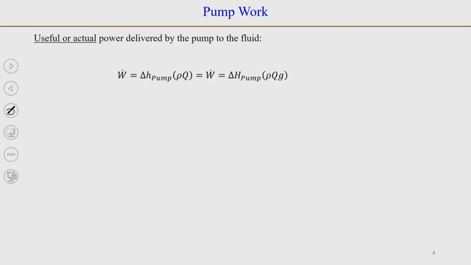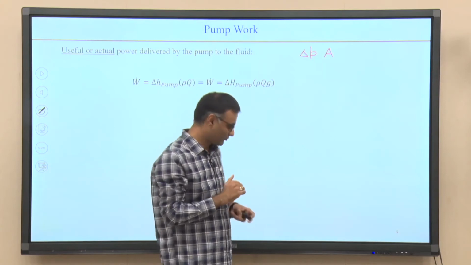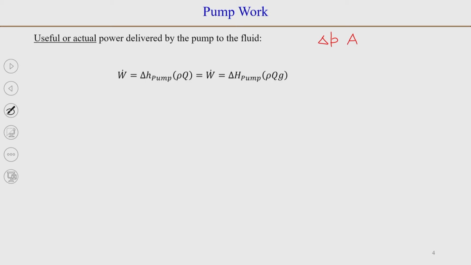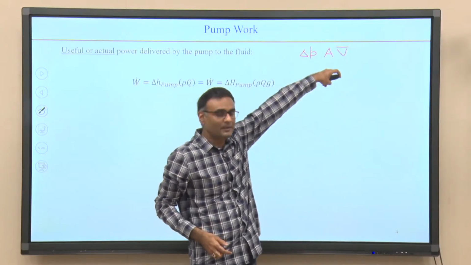So, the work that needs to be done by the pump on the fluid: there is a pressure change delta P, and if you multiply this by the cross sectional area, that gives you force. So, delta P into A is force, and when you multiply this force with velocity, say the mean velocity, that will give you force into displacement per unit time.